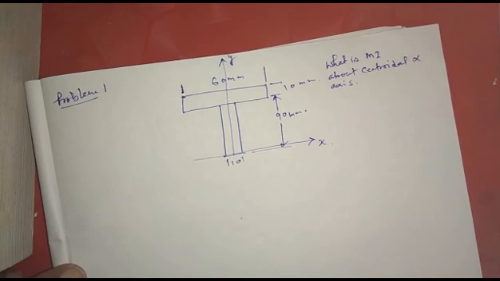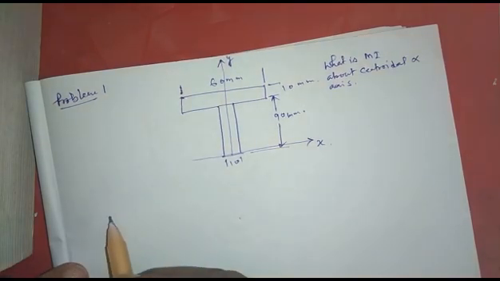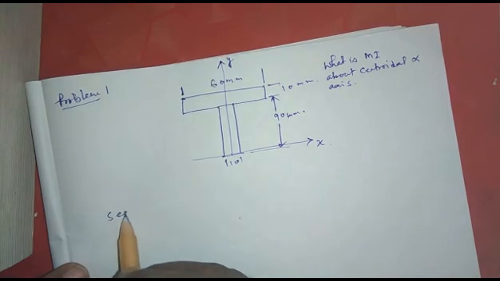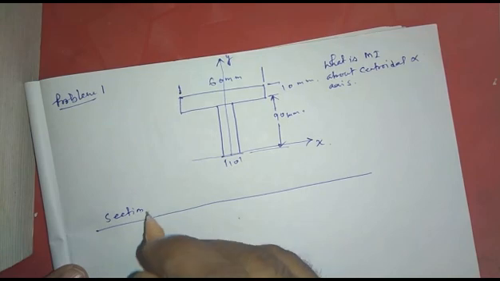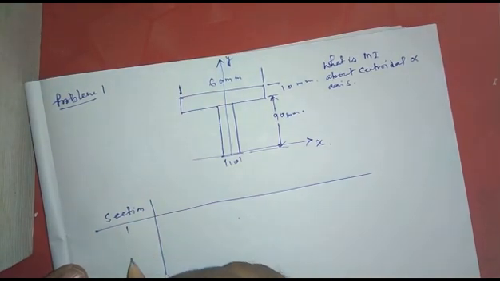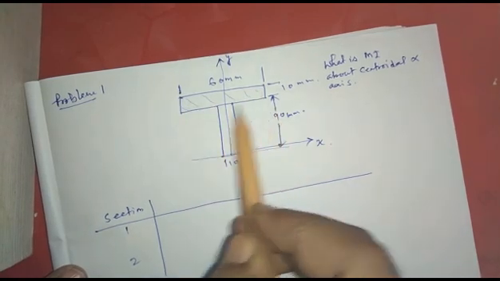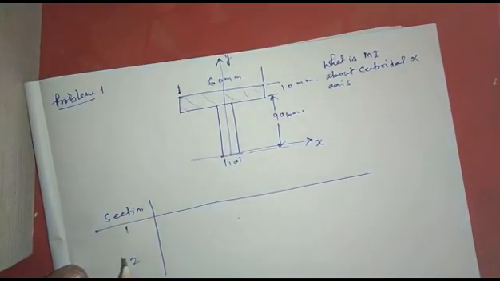So first of all, to find out centroid, we need to make a chart. The chart looks like this one. There is a section 1 and 2. We have two components, section 1, this upper rectangle, and this vertical rectangle as section 2.